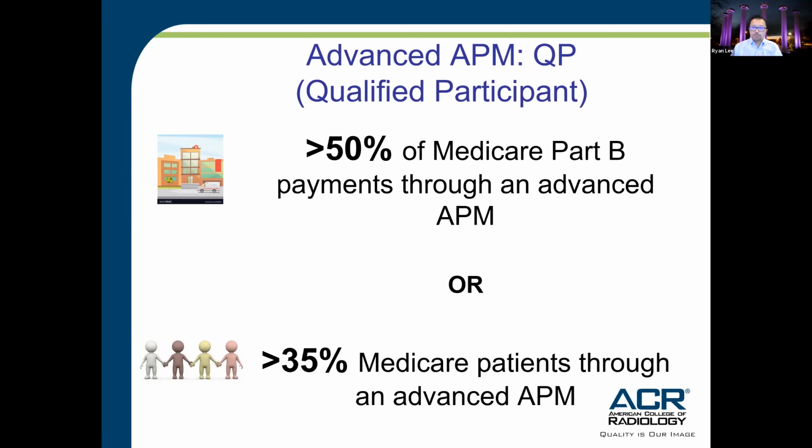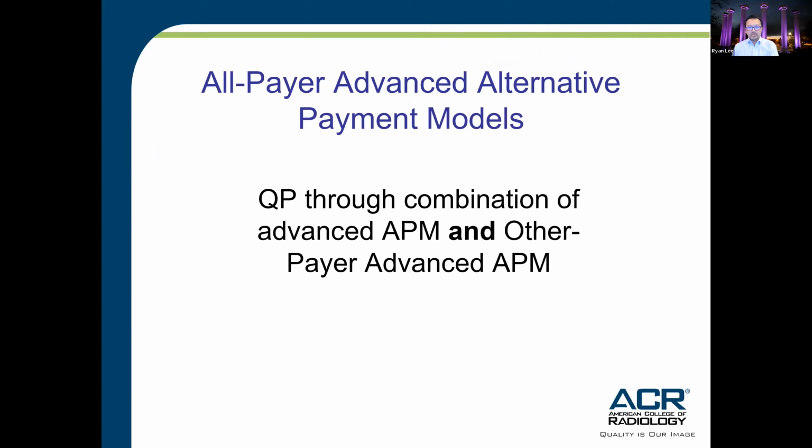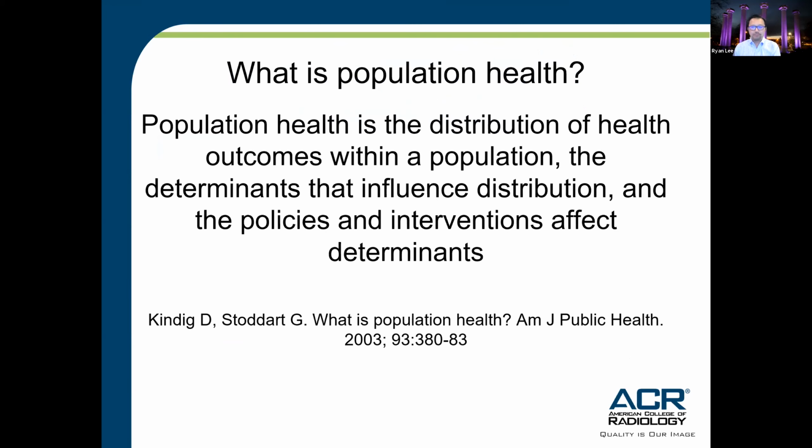So it's not just that you participate in an advanced APM, but you have to show significant participation in the APM as well. There are also other ways. If you don't meet that criteria, the third-party commercial versions of advanced alternative payment models can also qualify. And if the combination of those two is greater than those percentages, you also qualify for the 5% bonus as well. So finally, this brings me to population health.